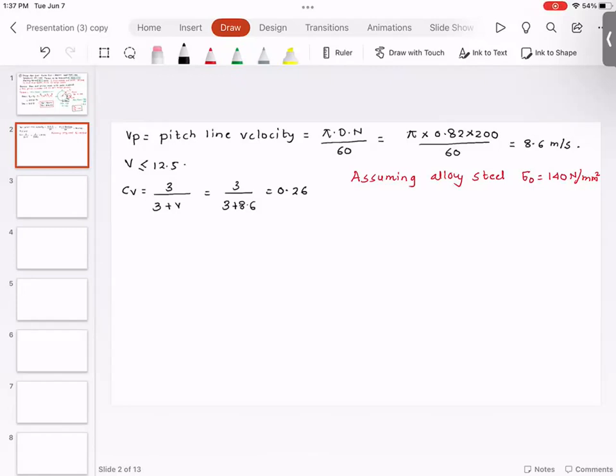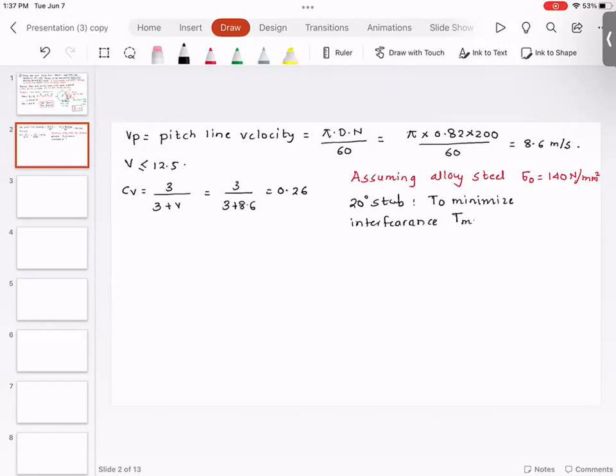But before I go with determination of form factor, I need to find out how many teeth I should select. The profile is 20-degree stub. For 20-degree stub, to minimize interference, I'm going to use the minimum number of teeth.